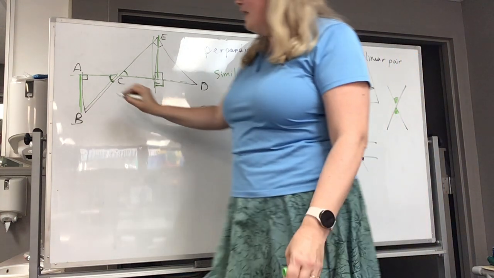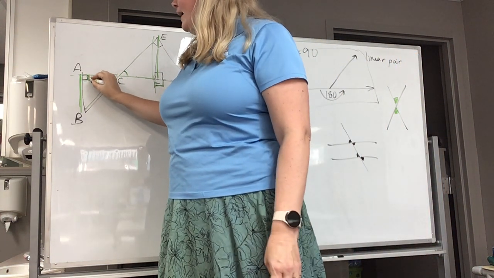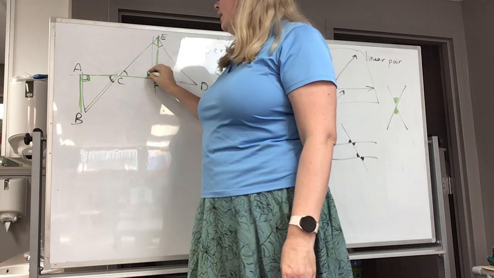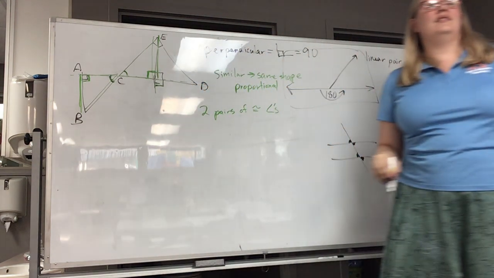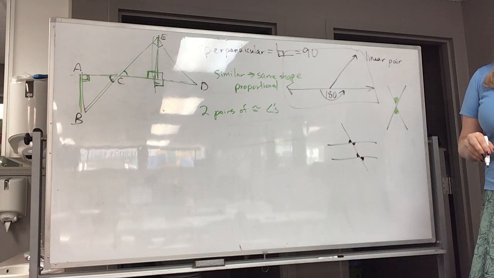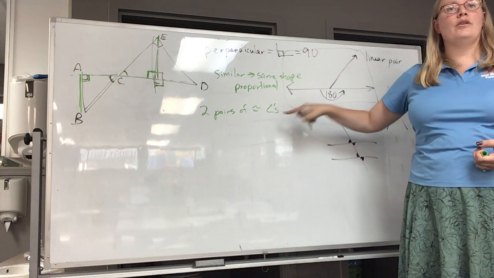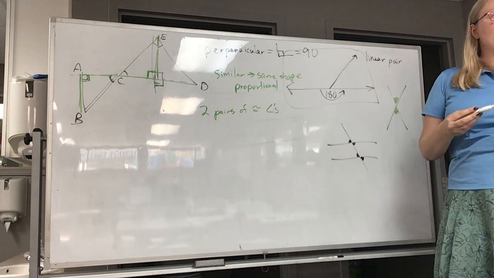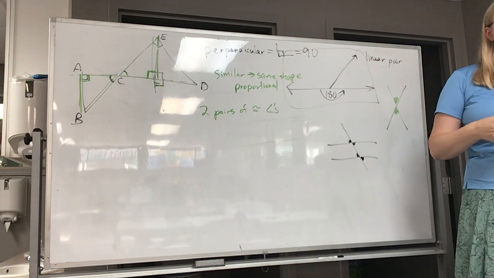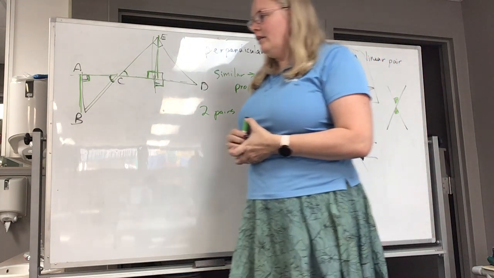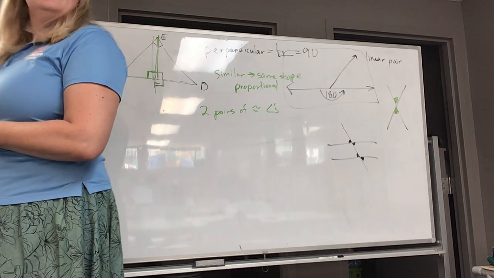And they gave us a right angle here, and we have a right angle here. And so yes, these are going to be similar because they have those two pairs of congruent angles. So that one's a little bit trickier if you haven't learned about similarity in geometry yet. To be aware, that's what makes it similar.